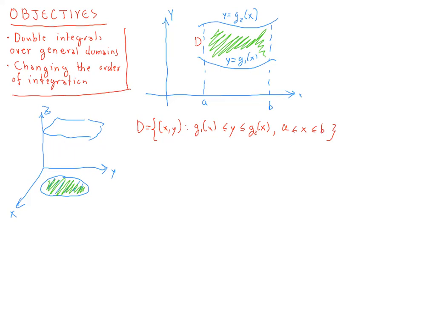If you take any X which is between A and B, so let's say this is your specific X, then for that specific X, the Y's that give you this segment that lies in your domain are the ones that lie between G1 of X and G2 of X, which is up here. And of course, you can see that as you move to different X's, G1 of X and G2 of X will in general change.